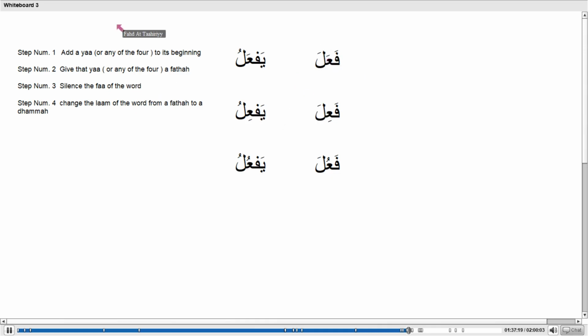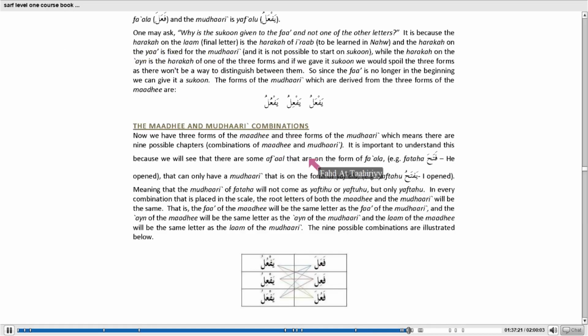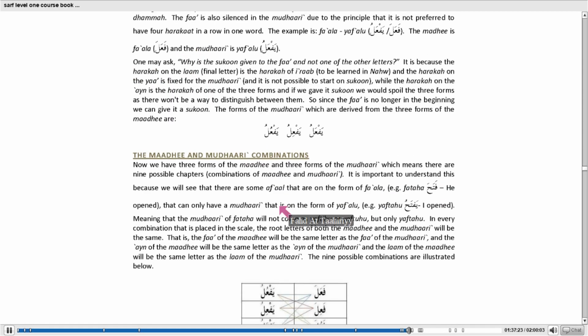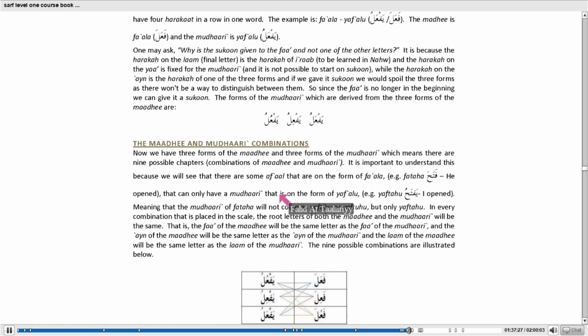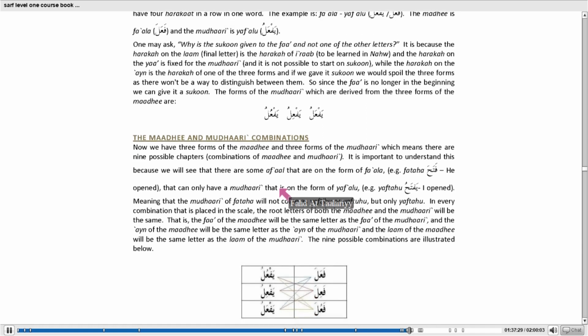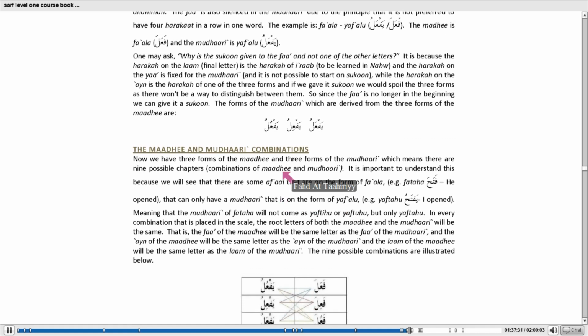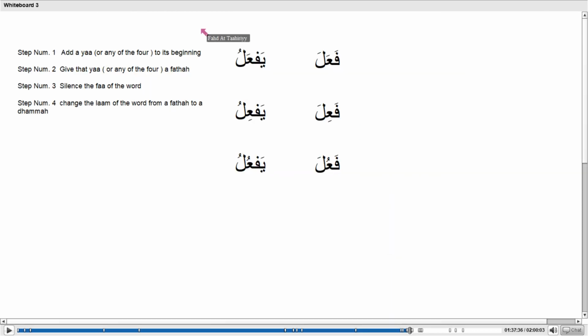Okay, again. Remember what we said in the beginning when we spoke about chapters, that we will explain chapters in the future. We said that chapters are considered to be combinations of a ماضي with a مضارع.